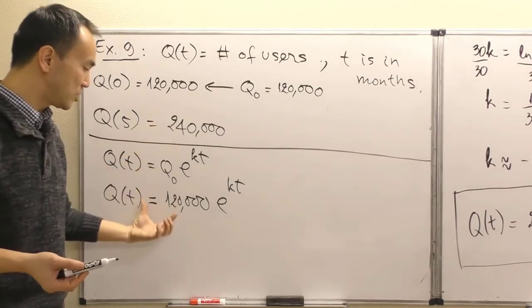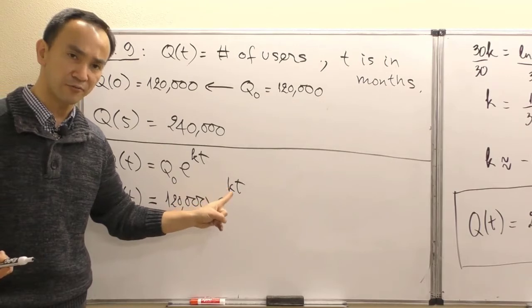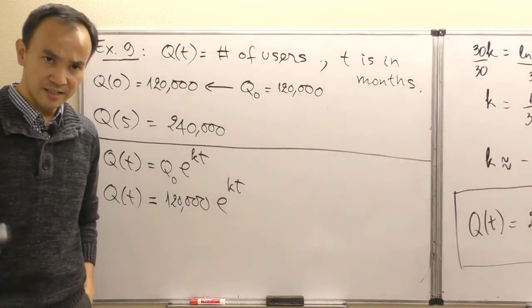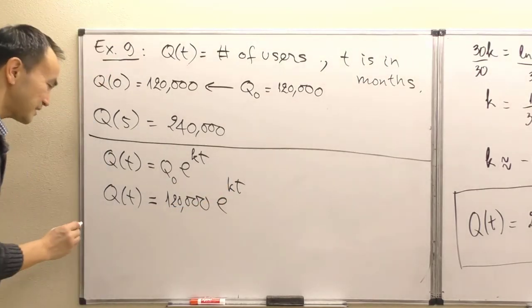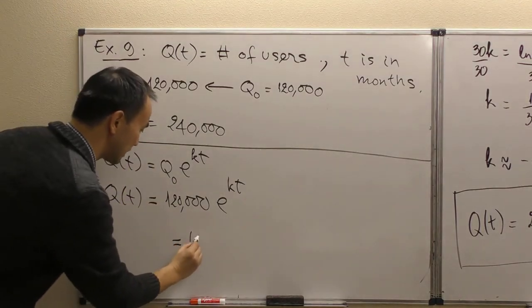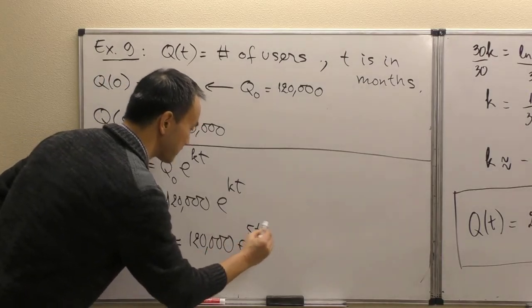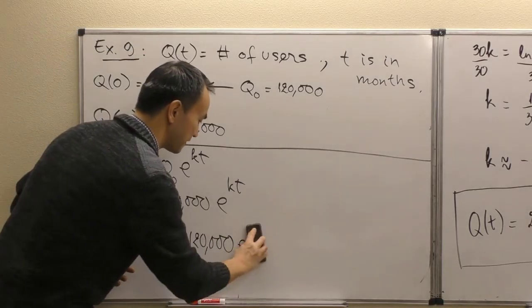From that, we use that information to solve for our relative rate, or continuous rate. That's the generality out there. And so now when t equals 5, my right-hand side becomes 120,000 times e to the 5k.